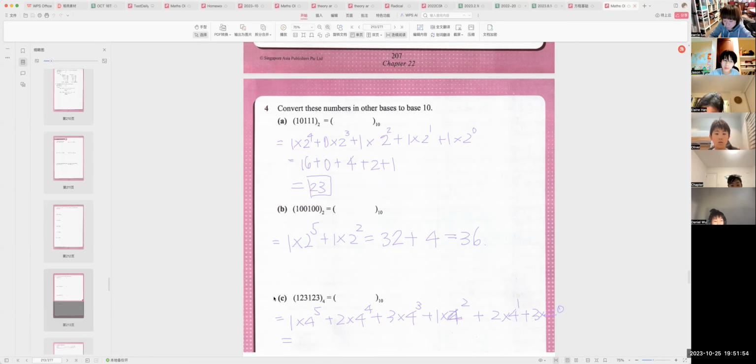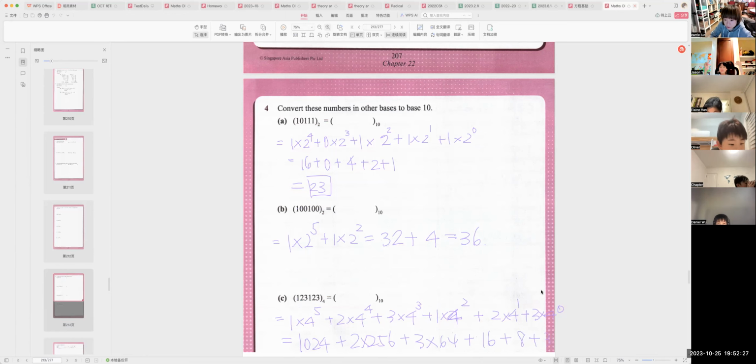So who can tell me 4 to the power 5 equals what? The calculator can tell you. Equals 1024. Okay, plus 2 times 256, and plus 3 times 64, plus 16 plus 8 plus 3.